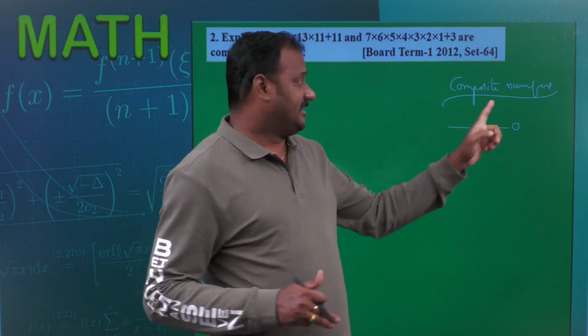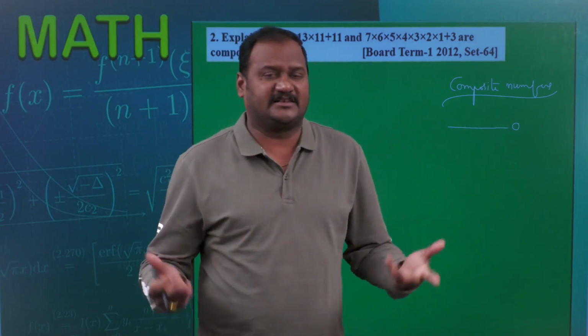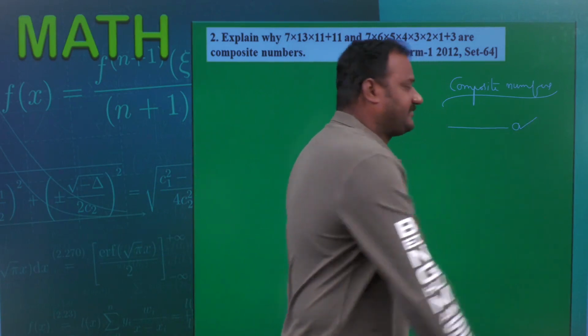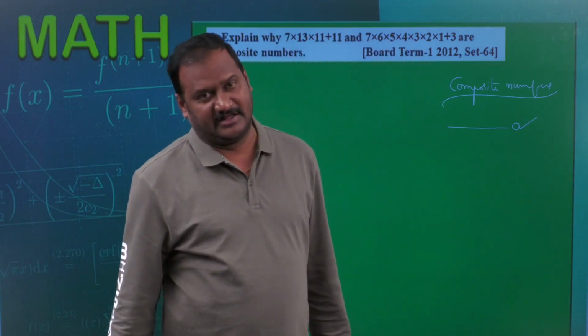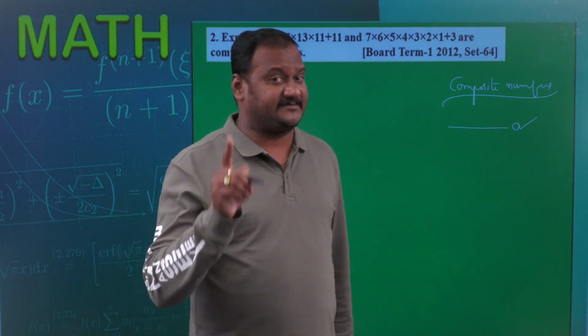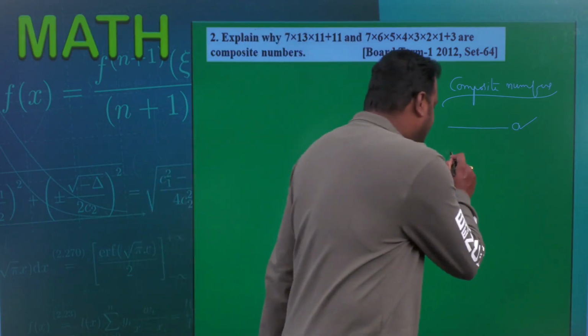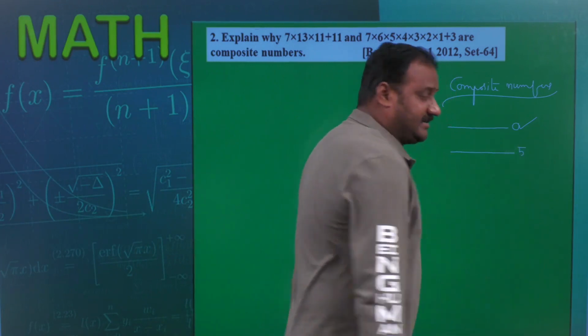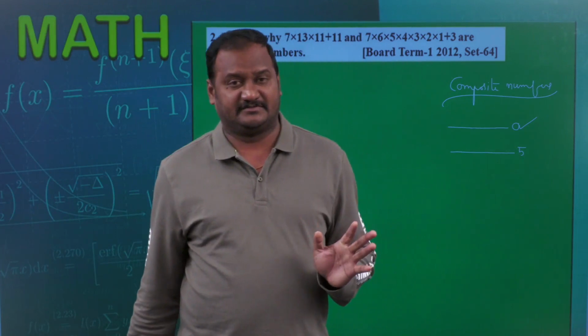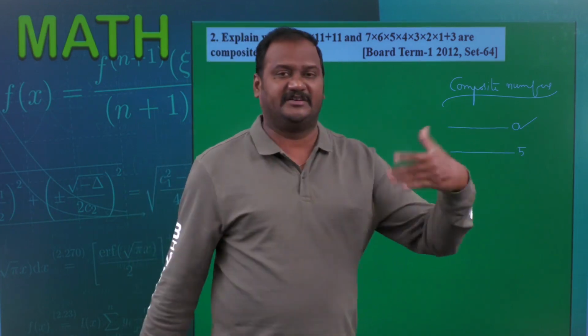So if the last digit is 0 or any even number, then we can conclude that the number is a composite number. If the last digit is an odd number, then we cannot say, except for 5. Suppose a number ends with the digit 5, then the number is divisible by 5, so we can write it as 5 into something.